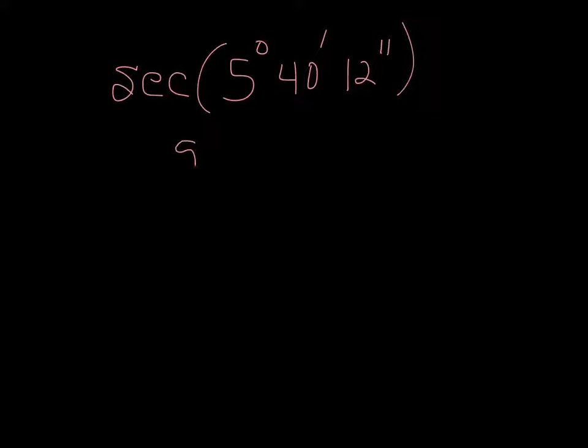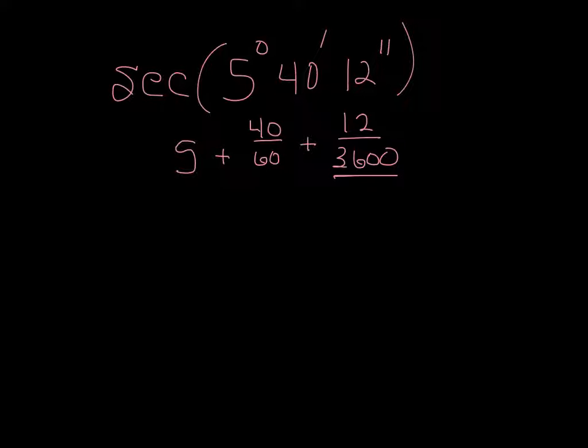If we do 5 plus, now there's 60 minutes in a degree, so we would have 40 over 60, plus 12 over 3,600. There are 60 minutes in a degree, but in each minute there are 60 seconds, so in seconds we've got 3,600 in the denominator.